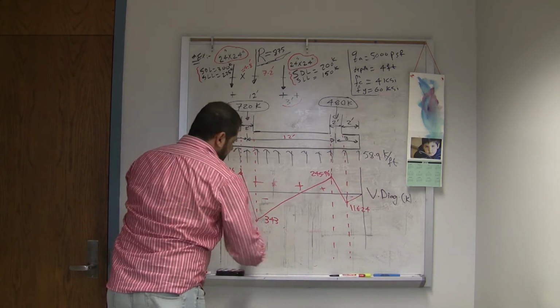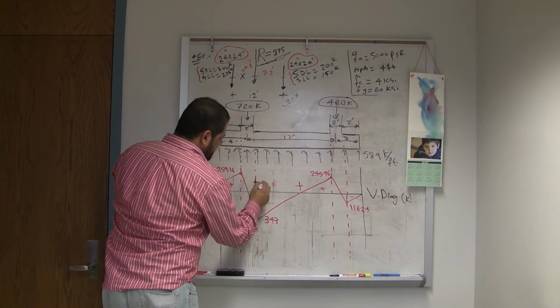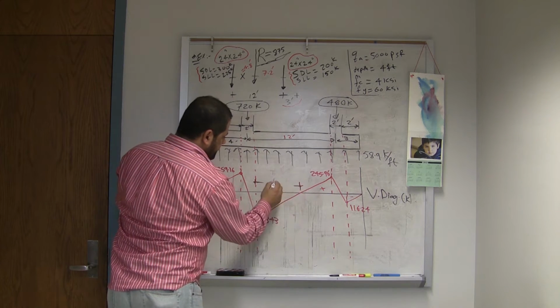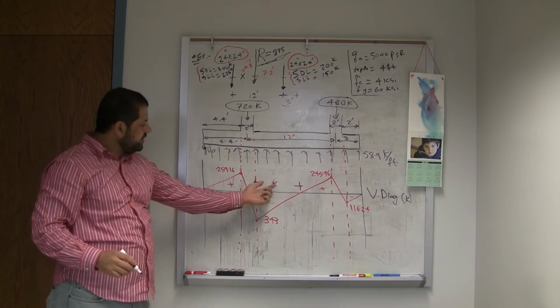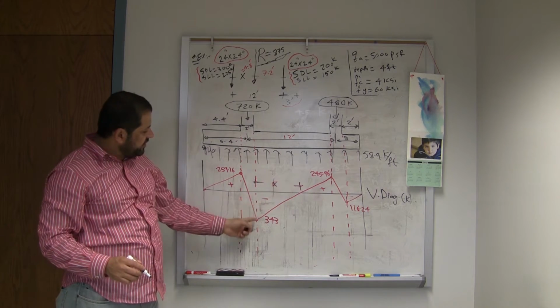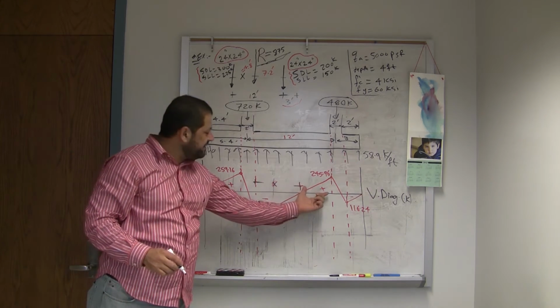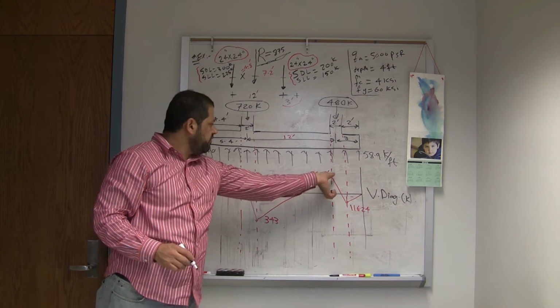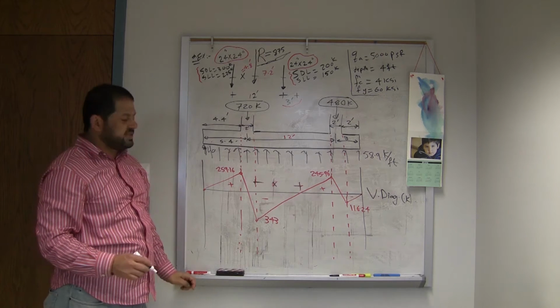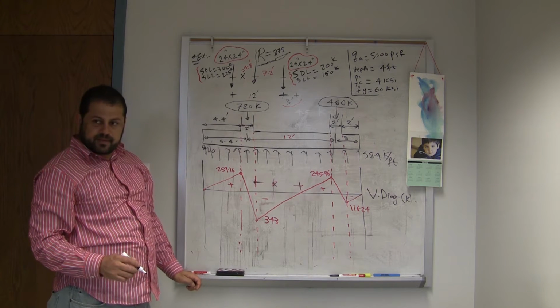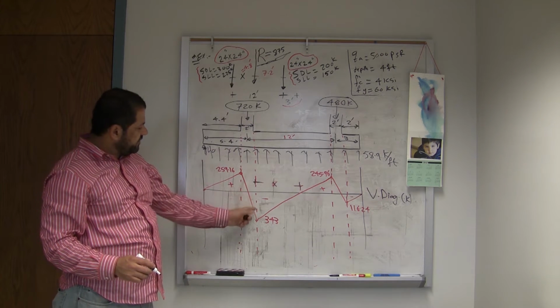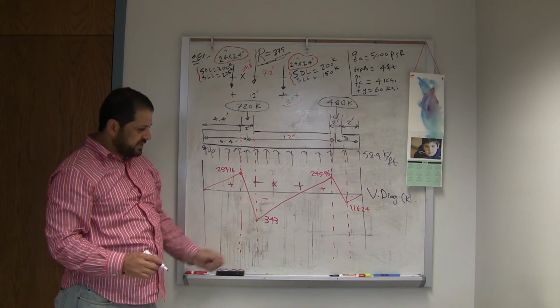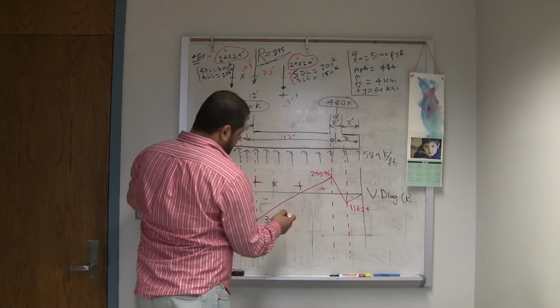From here to here, x. So x over 343 equals 10 minus x, the distance from here to here, over 246, by similar triangles.